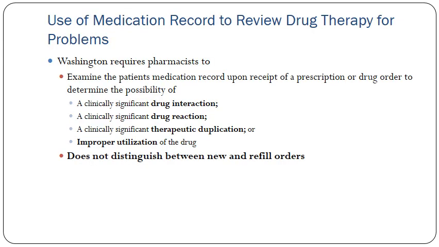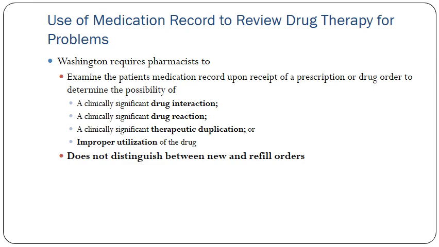Washington pharmacy regulations have required prospective drug reviews since at least 1984. The WAC 246-875-040 sets forth the minimum procedures for utilization of a patient medication record system.